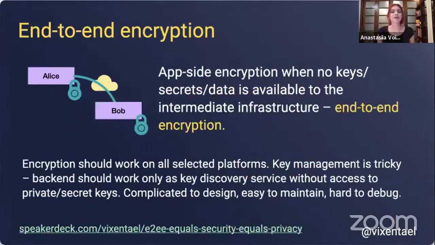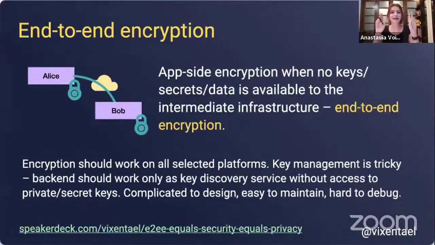Another topic here is end-to-end encryption. We can say that end-to-end encryption is a subset of application-level encryption. The main idea is that the data should not be decrypted in the middle, on your server side, in your cloud, in all these components. The data should be encrypted and decrypted only on your ends in the infrastructure.